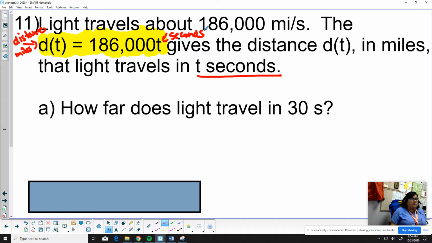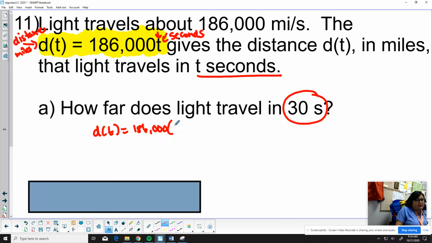So in the question, they're either going to give me the distance, and I'm going to put that in for d of t, or they're going to give me the seconds, and I'm going to put that in for t, and solve. So let's see. It says, how far does light travel in 30 seconds? That means that goes here for t. So d of t equals 186,000 times 30. And I use my calculator.